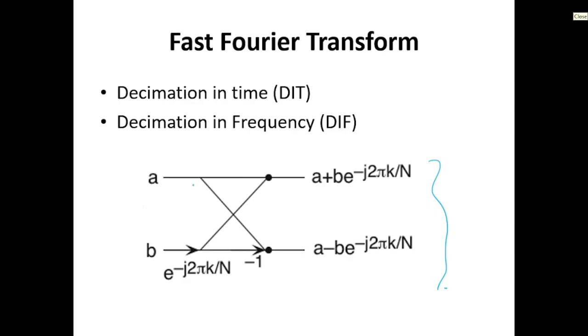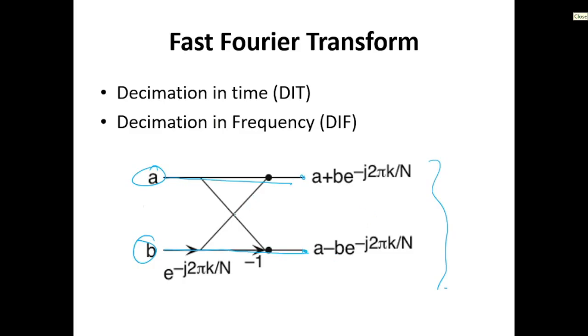Here we have two input components, A and B, and we draw two parallel lines, and these are the output points of this computation.